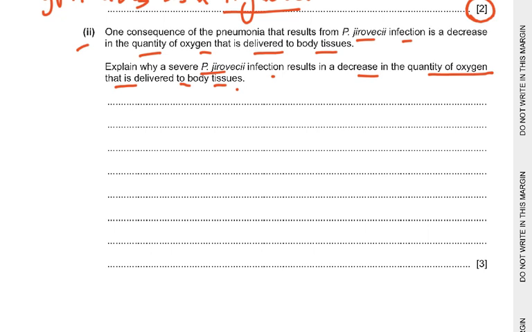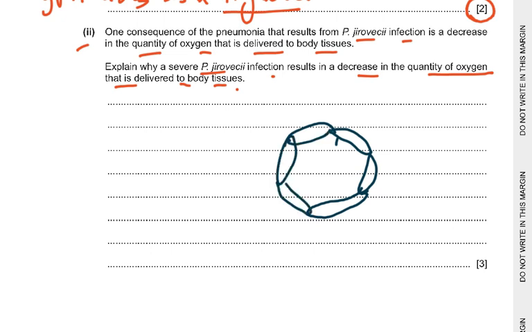Now what could be the reasons for it? So the alveolar cells are surrounded by jirovecii cells. This is an alveolus, right? And you've got alveolar air inside. So they've got the P. jirovecii cells surrounding it. So now the oxygen has to diffuse across a whole lot of stuff.